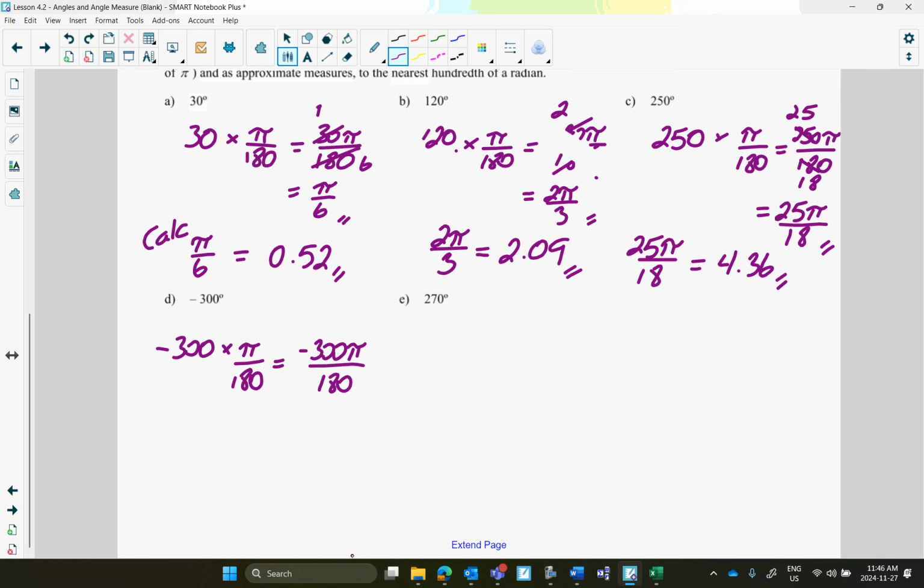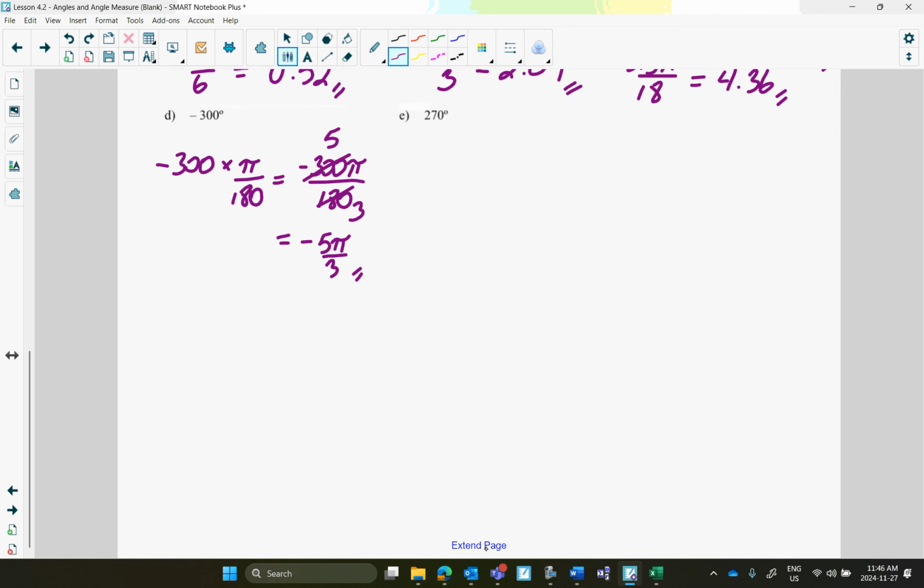Well, definitely 10, definitely 20. 60 would be the highest. So that gives me 5. That gives me 3. So it's negative 5 pi over 3. Don't forget to keep that negative going. And then negative 5 pi over 3 on your calculator would give you approximately negative 5.24.